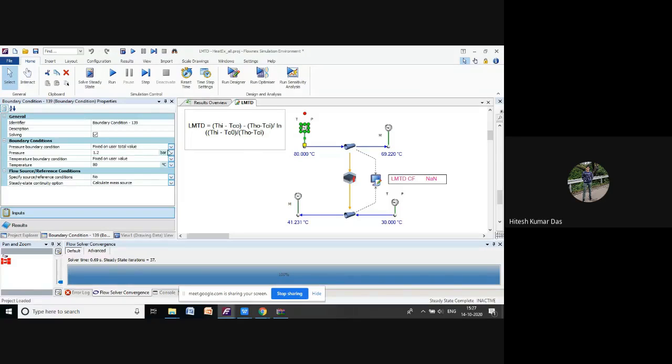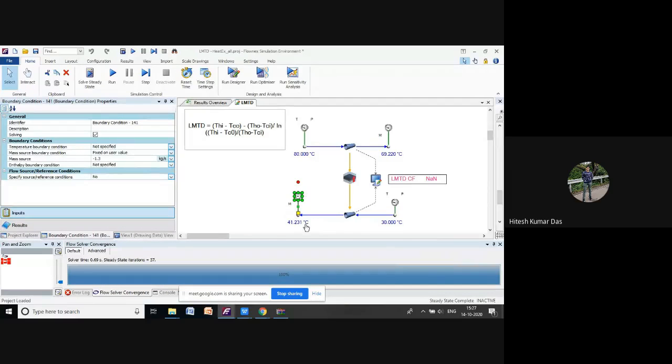For the hot side inlet, pressure and temperature we have assigned as 1.2 bar and 80 degrees Celsius, and for the mass source we are taking the same 1.35. For the cold side we are taking pressure as 1.2 bar and temperature as 30 degrees Celsius, and mass source as minus 1.3, meaning mass flow is happening from this side to this side.